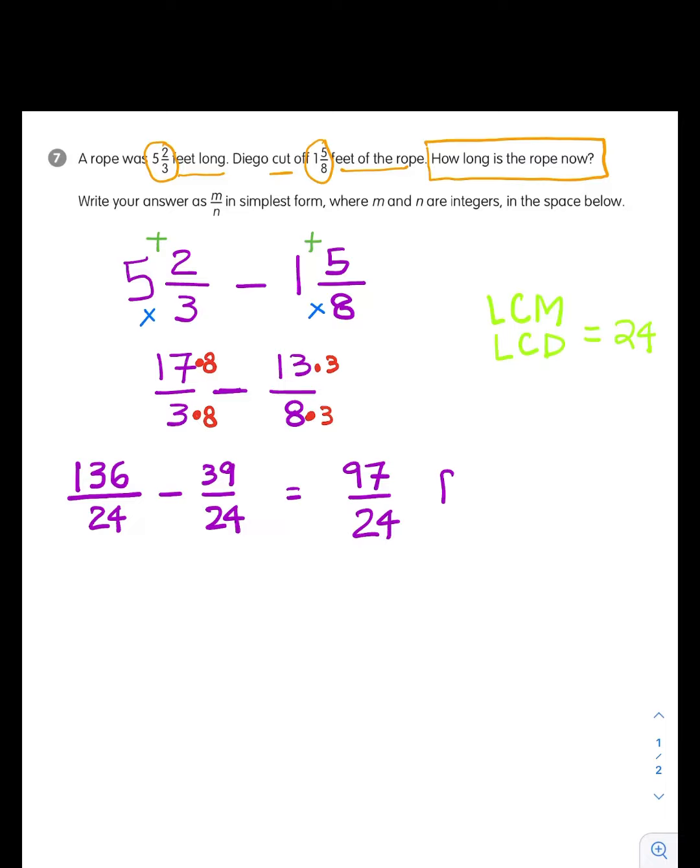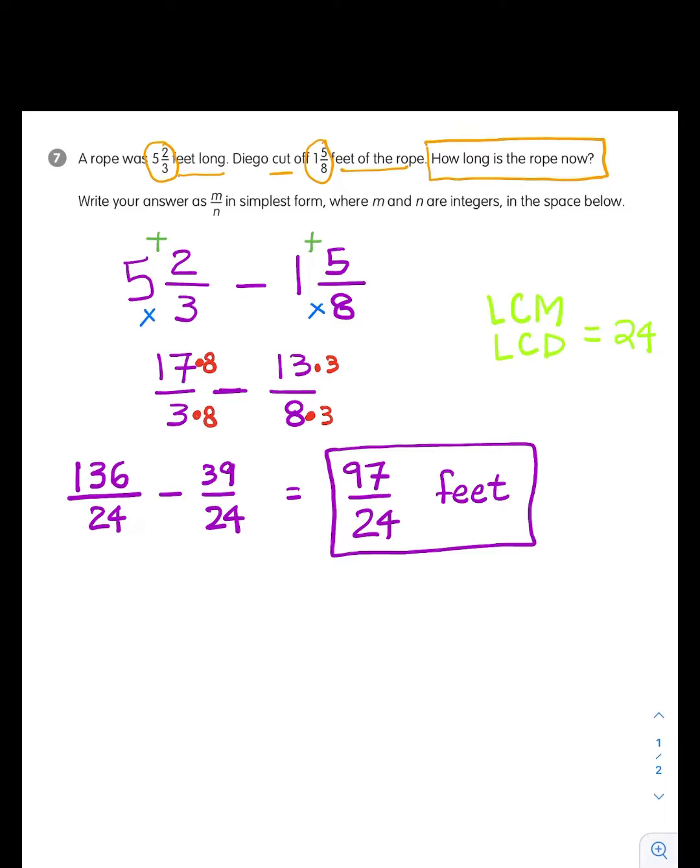The units are feet. We put a box around the final answer, and we can say, you know what, Dr. K, that is correct. That is what is being asked of us. But we can also write this as a mixed number. I'll leave that up to you. I will also leave it to you to write it as a decimal.